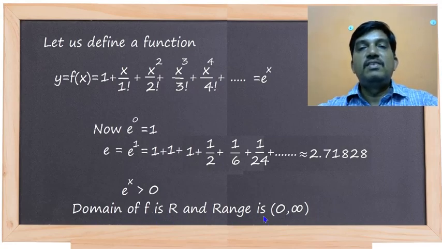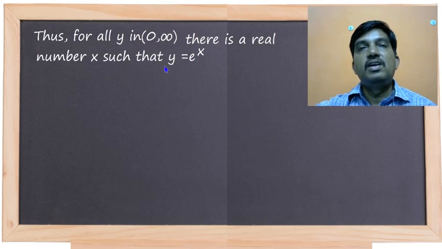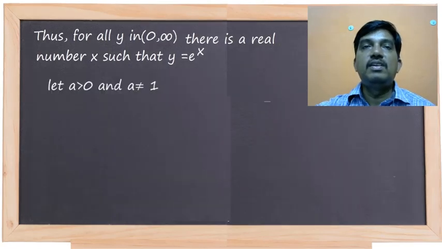Domain is real numbers and range is 0 to infinity. Thus, for all y in 0 to infinity, there is a real number x such that y is equal to e power x.